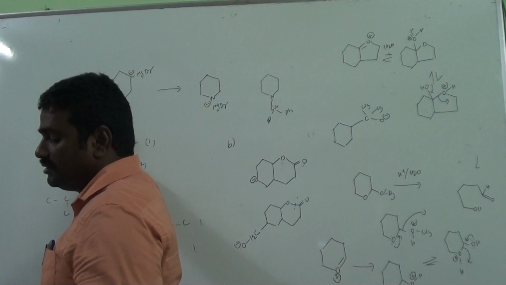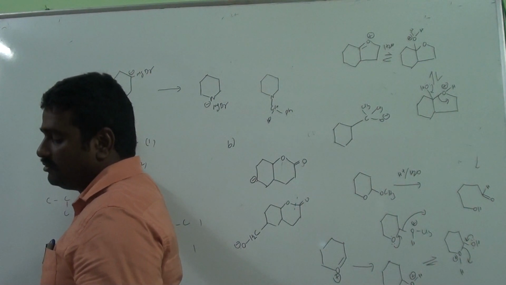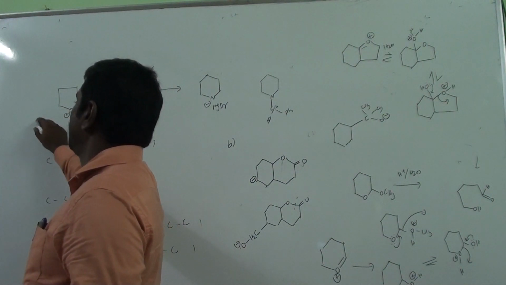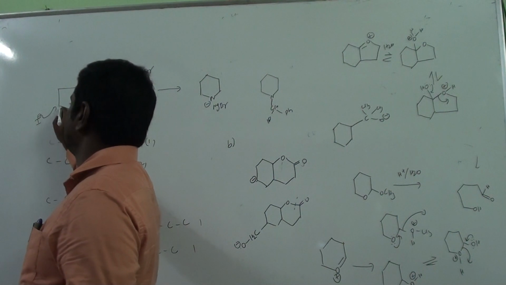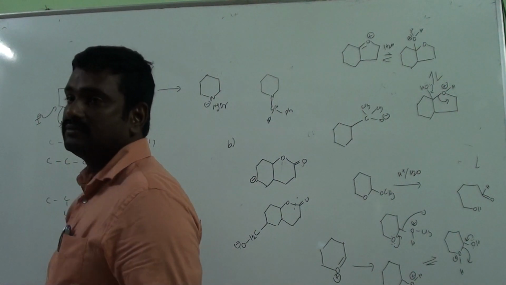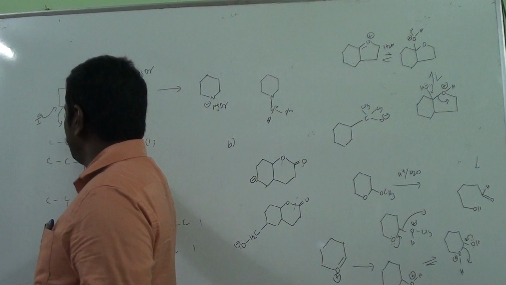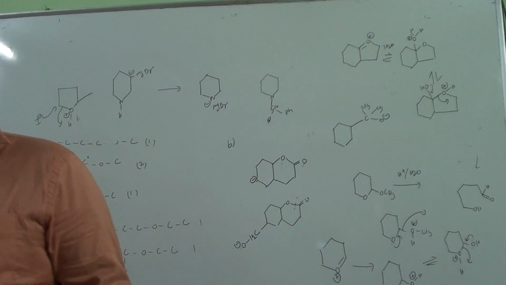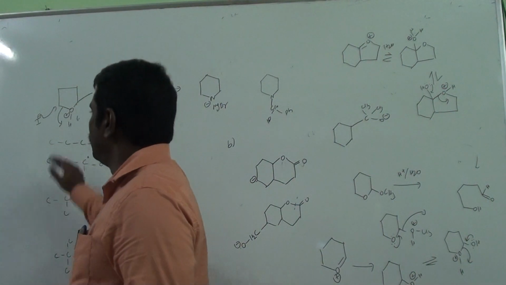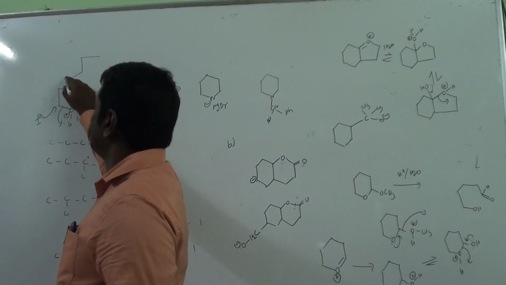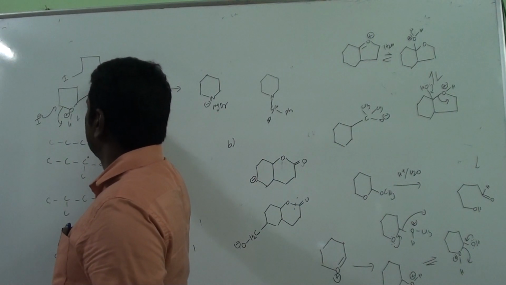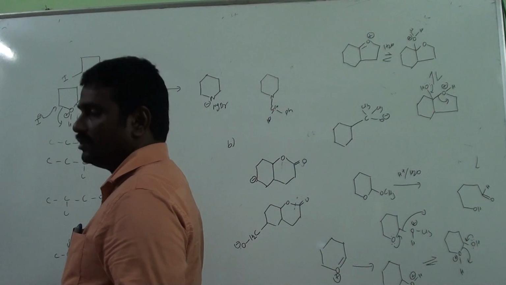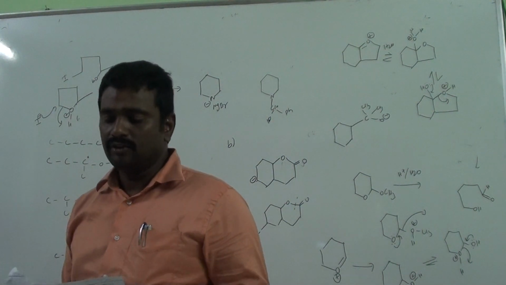So C is false again. So I minus approaches from which direction? The sterically free side. If there is also a methyl group here, then it is different. It follows SN2 mechanism, but on this side you get I, and here you get CH3OH. Clear? So C also false.